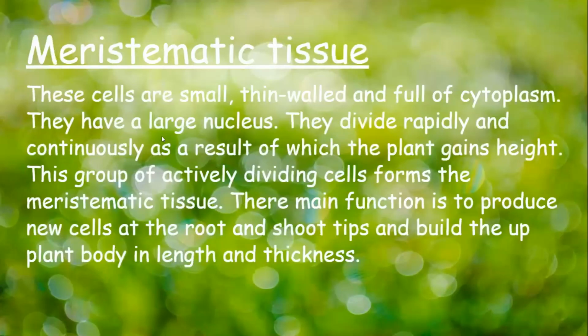They have a large nucleus. They divide rapidly and continuously, as a result of which the plant gains height. This group of actively dividing cells forms the meristematic tissue. Their main function is to produce new cells at the root and shoot tips and build up the plant body in length and thickness.